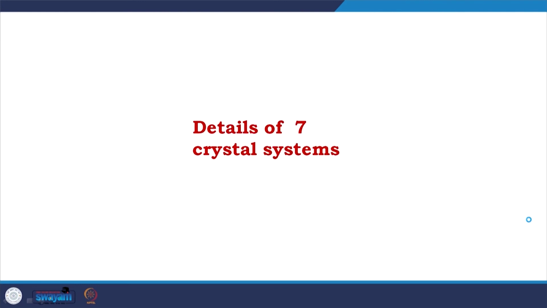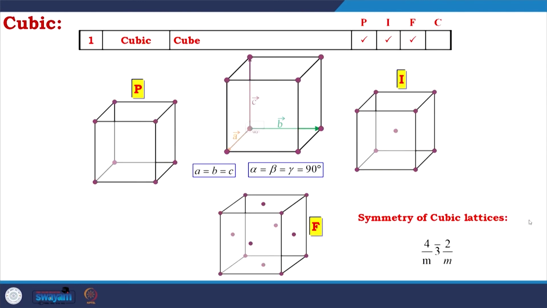Now, looking at the details of the 7 crystal systems we talked about. Here the cube has primitive, body centered and face centered. The conditions are A equal to B equal to C and alpha equal to beta equal to gamma equal to 90 degrees. So, it is the perfect shape.